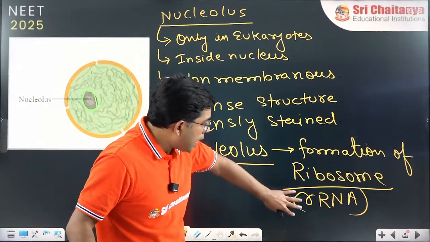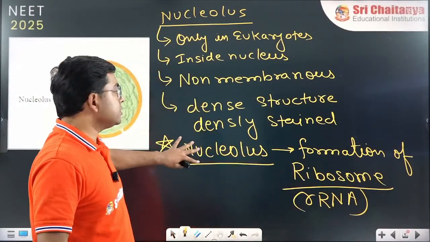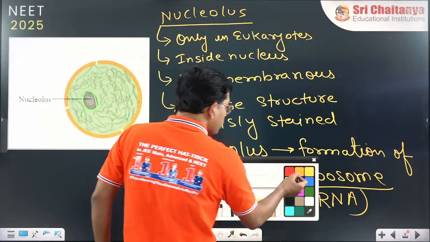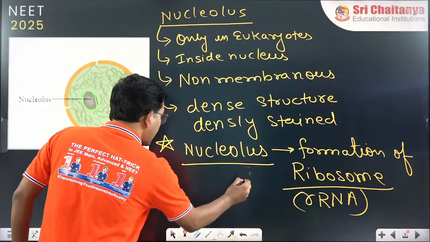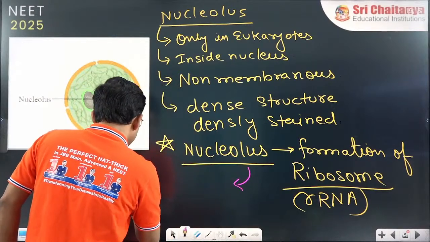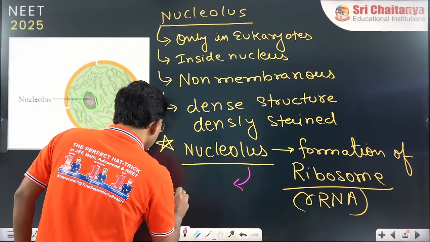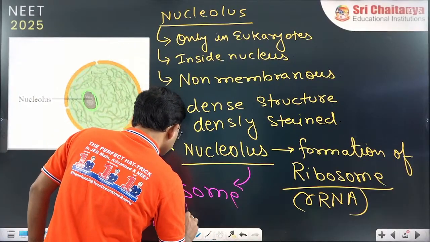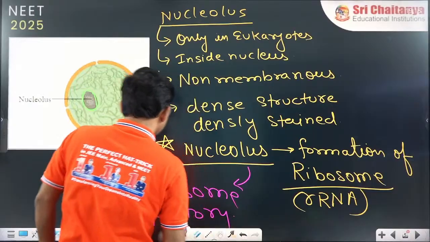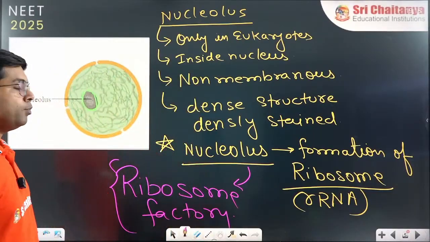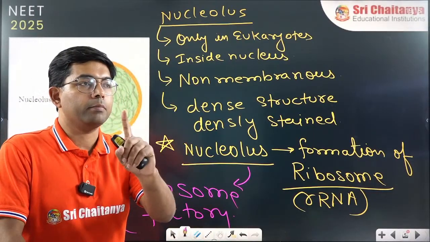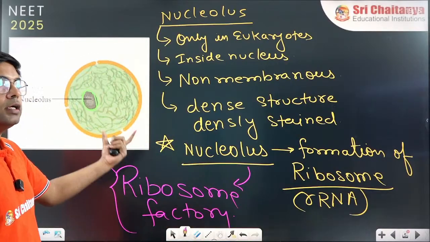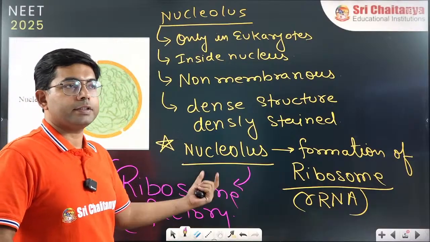So the rRNA part of ribosome is made by nucleolus, and that is why nucleolus is also known as ribosome factory. Remember this name. This nucleolus is also called ribosome factory.